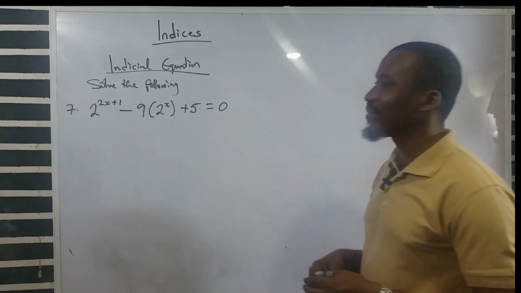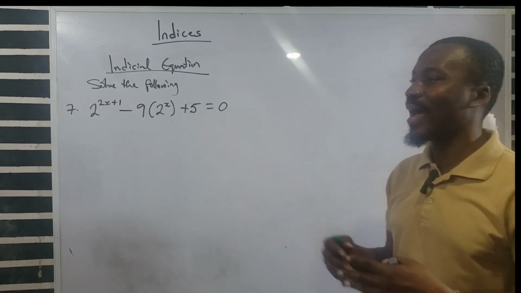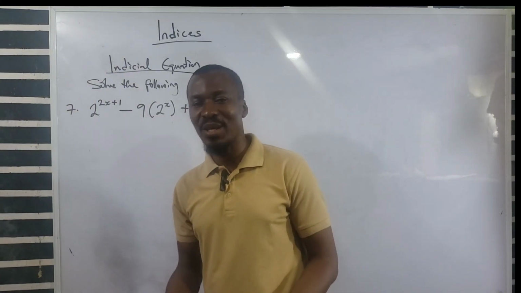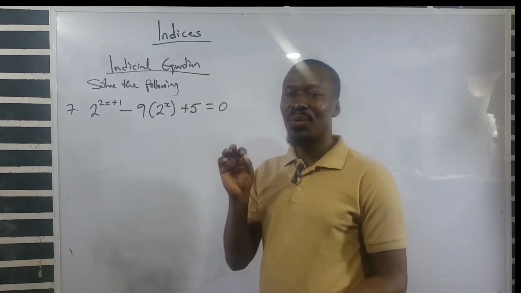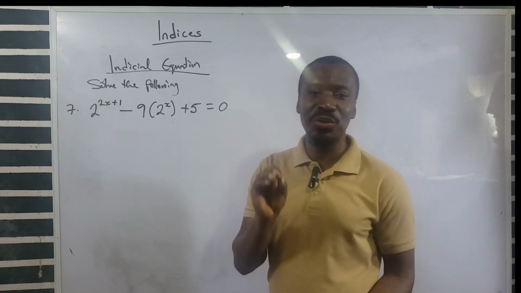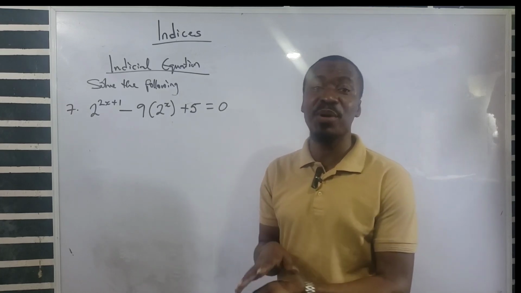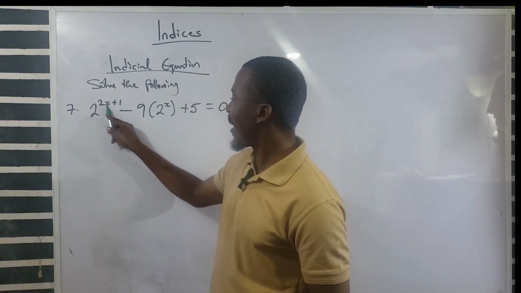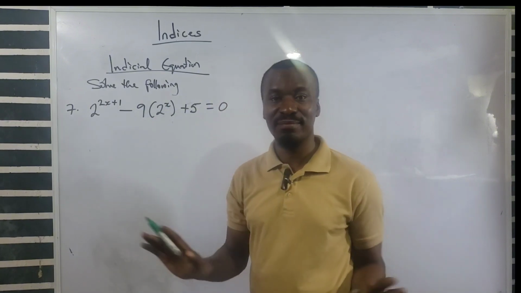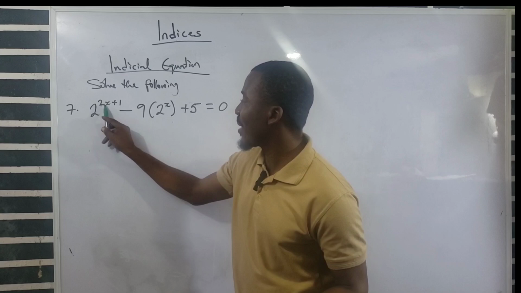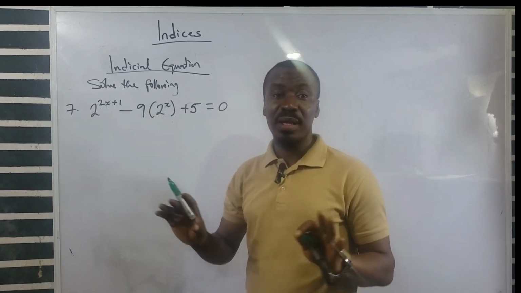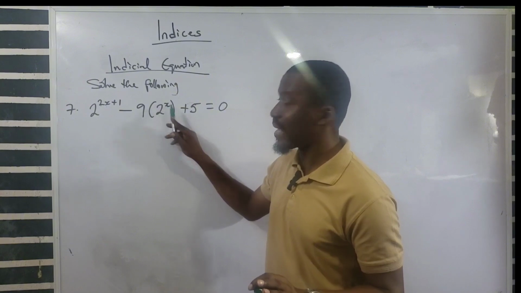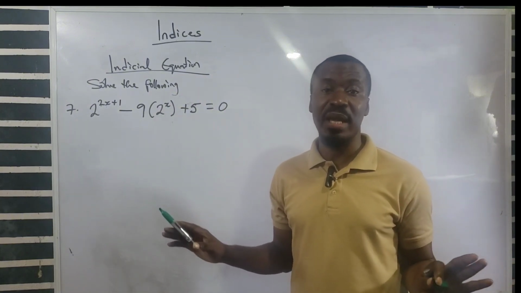Now sometimes students ask, how are we going to know that it is going to lead us to a quadratic equation? One place where they cannot hide it is that you will see 2^(2x) and you will see 2^x. I'm not saying that the x here might be alone. No, it might not be alone.